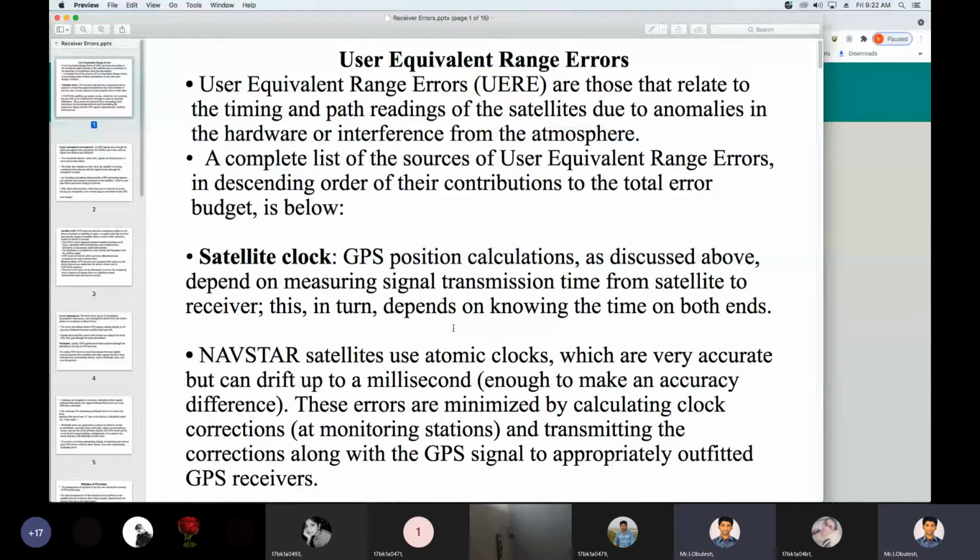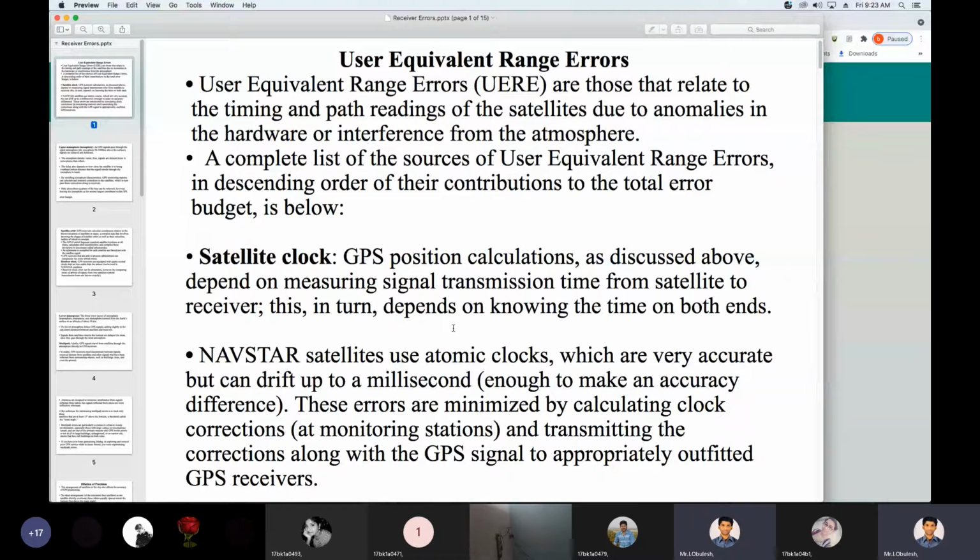User equivalent range errors, also known as receiver equivalent range errors.